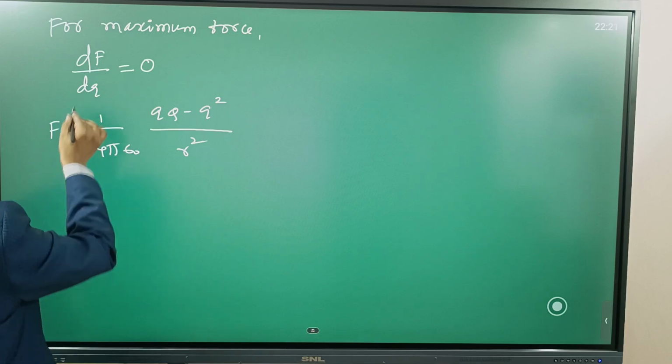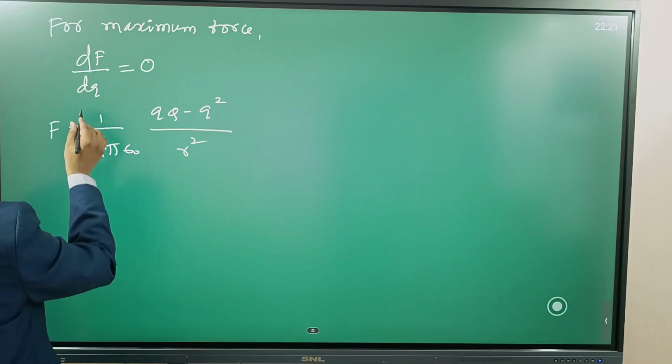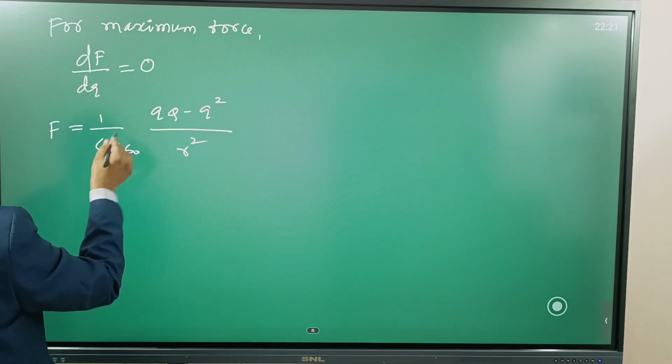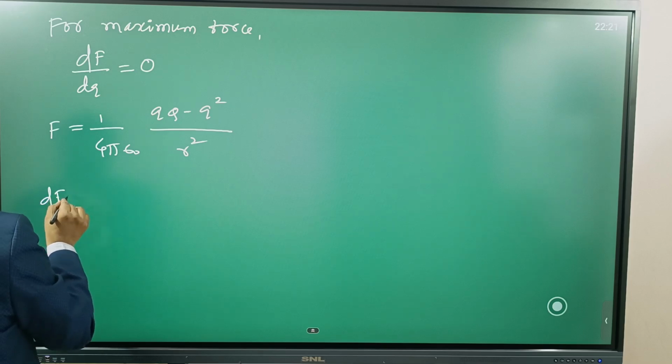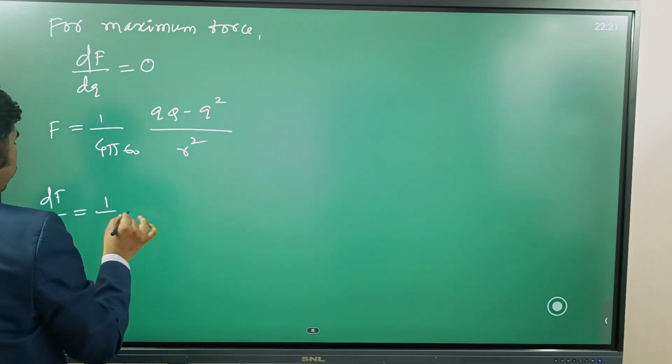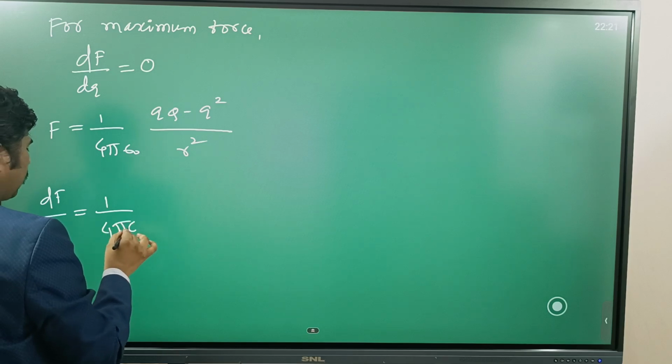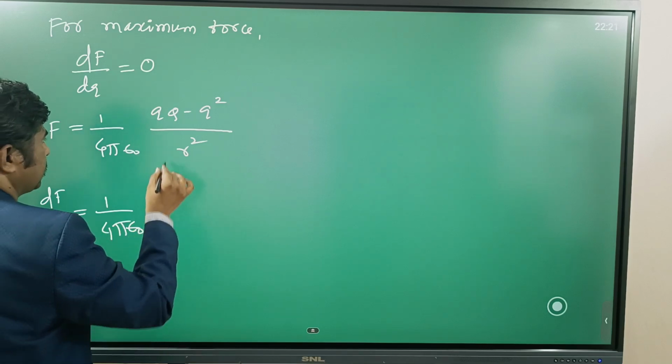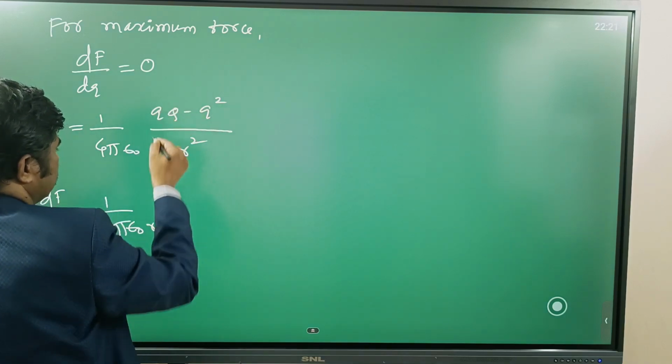Now here what will happen? You differentiate this. dF divided by dq is equal to 1 divided by 4 pi epsilon naught, r square as it is, and you are differentiating this term.